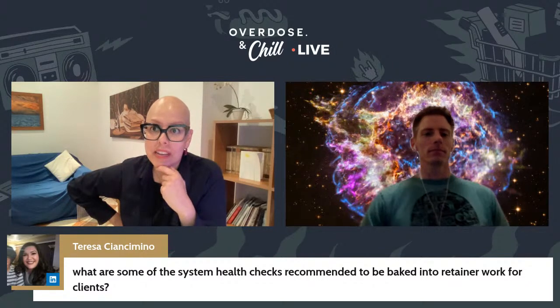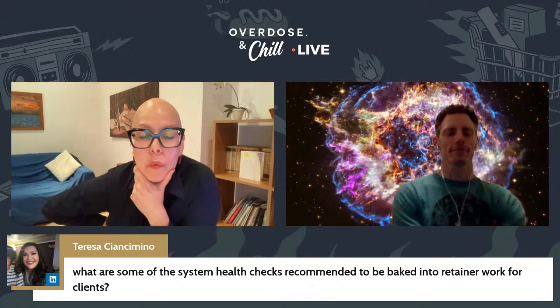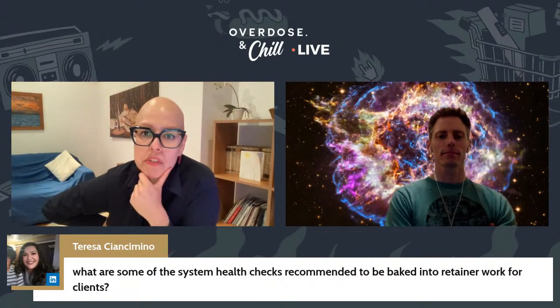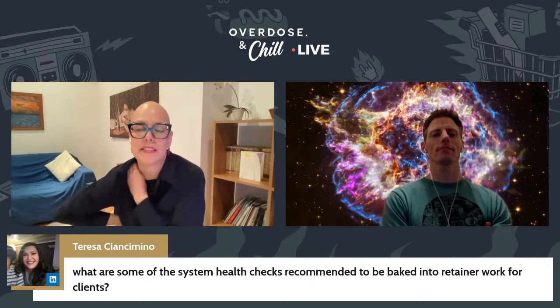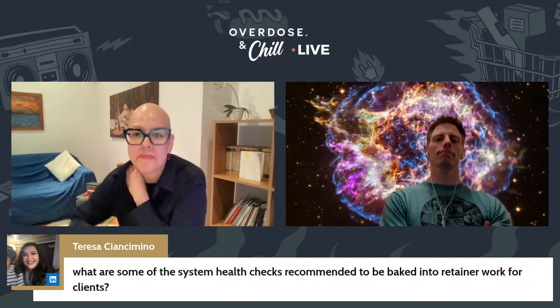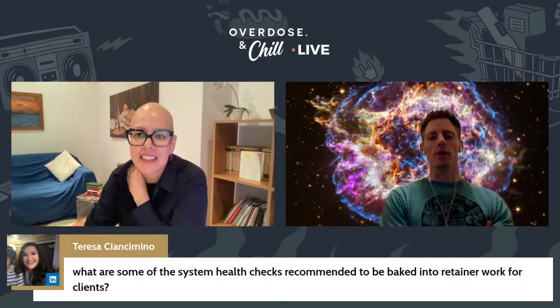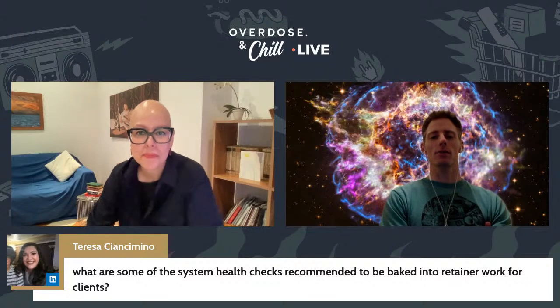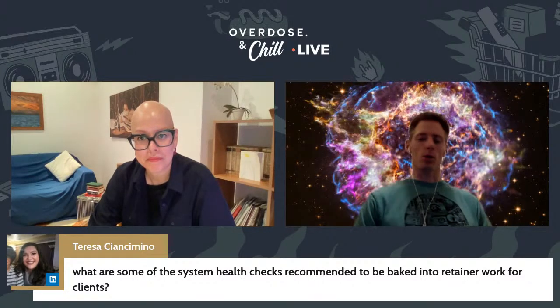Definitely. I think we've got time for maybe one last question. What are some of the system health checks recommended to be baked into retainer work for clients? Sounds like a good question, Jordan. When we start with the MVP, we are going to take note of where the performance metrics are for the theme or whatever we're starting from.